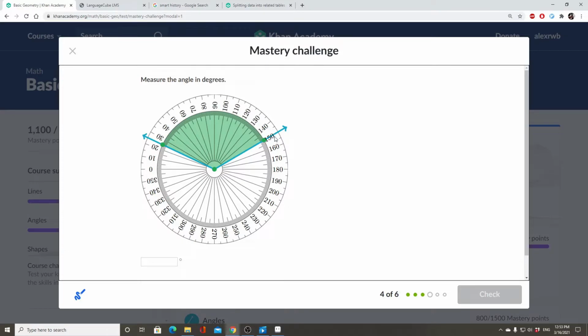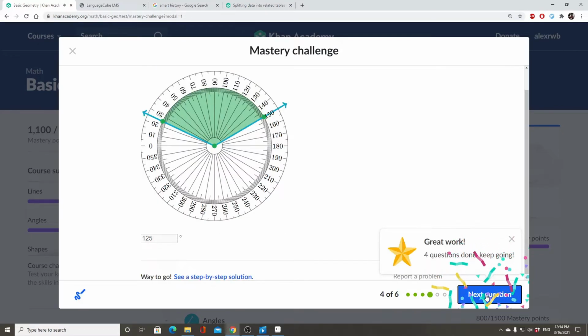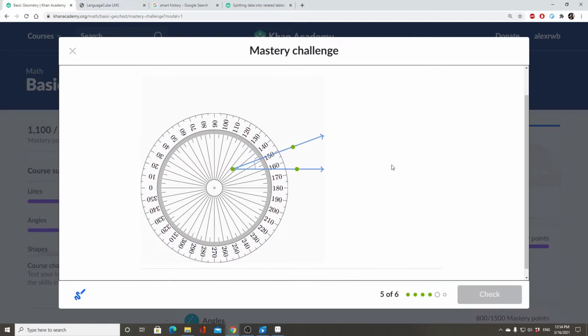Oh, okay, so I have to do some very basic calculation here to work out the difference between 25 and 150. Assuming I've understood this correctly, 150 minus 25, well, that's pretty simple. It's 125. And there we go. Yeah, cool.